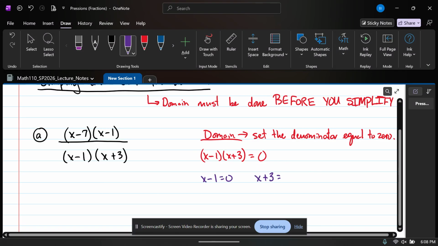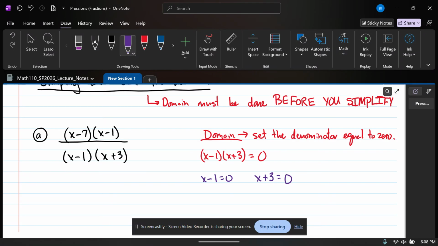I'm going to take x plus 3, set it equal to 0. And I'm going to solve each of those and get x by itself. So add 1, x equals 1, subtract 3, x equals negative 3. Those are the numbers that x is not allowed to be.